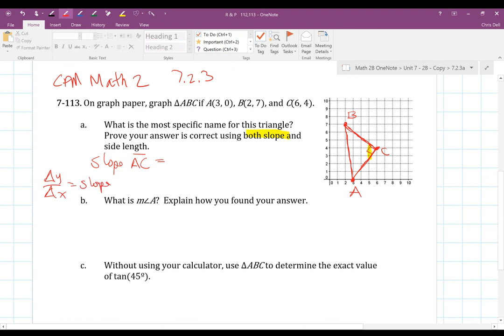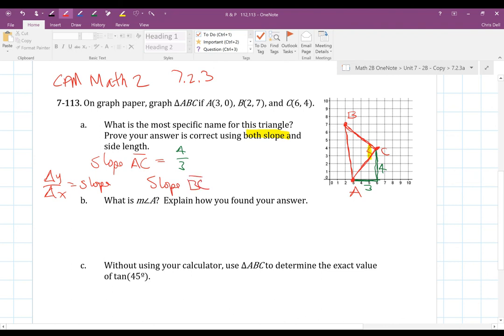So change, meaning the distance, so I'll use a different color here. The change of y would be that vertical distance versus the horizontal distance. So there's 1, 2, 3, 4 here, and 1, 2, 3 there. So my slope of AC is 4 over 3. Okay. The slope of BC, so let's look at that.